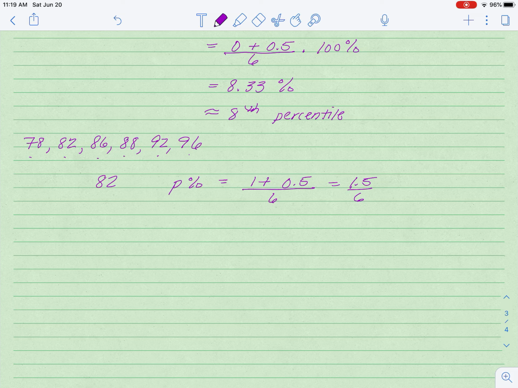Oh, I always do this, guys. We're going to multiply this by 100% to make it a percentile. So this is 1.5 over 6 times 100%. And what do we get? 1.5 divided by 6, we get the 25th percentile.